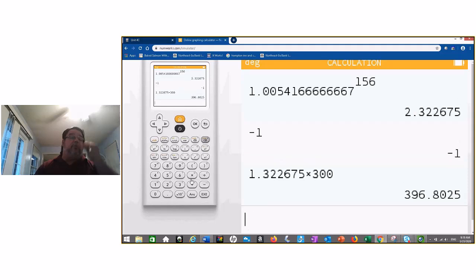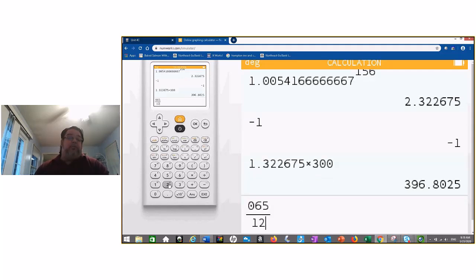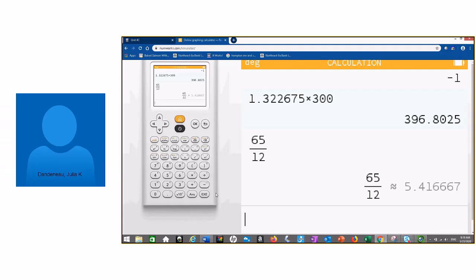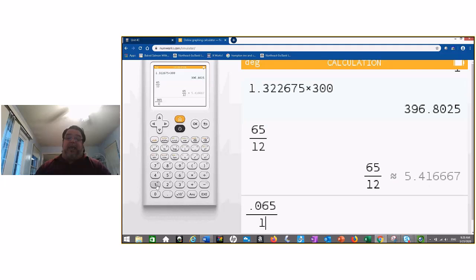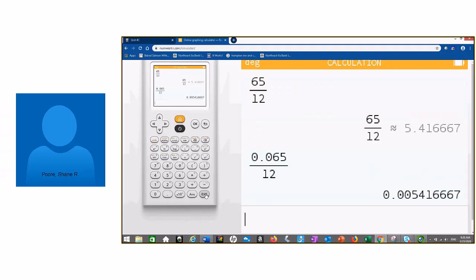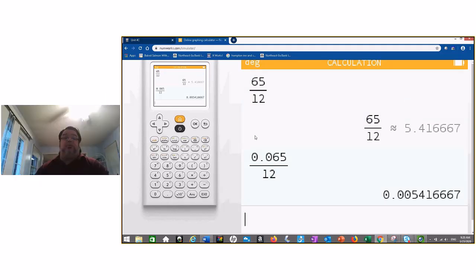What do y'all think? 0.065 divided by 12. It still didn't put the decimal. It's not doing what I'm asking it to do.